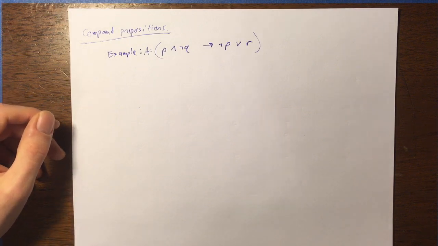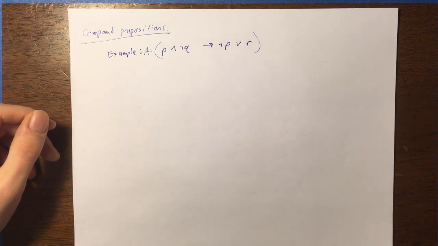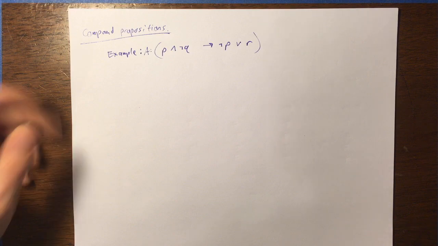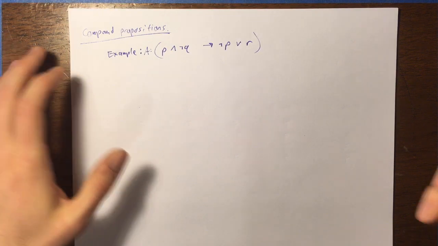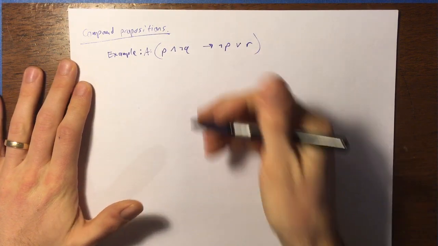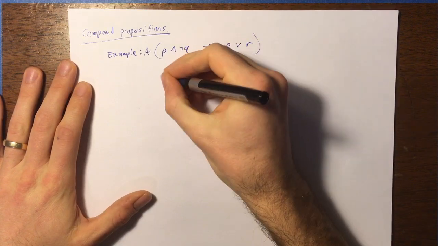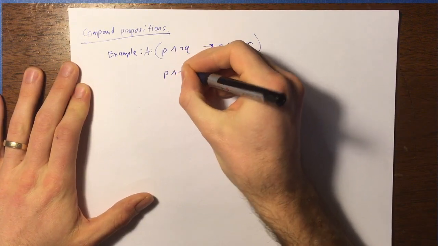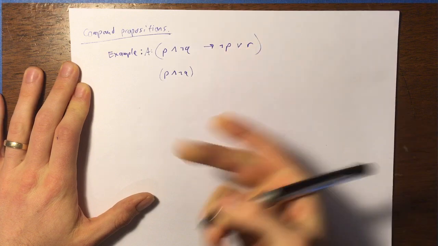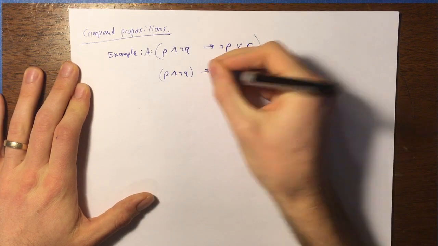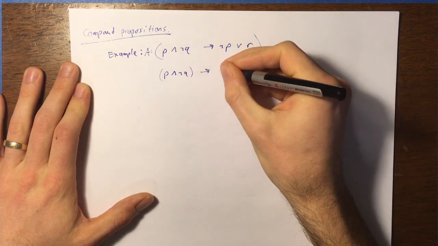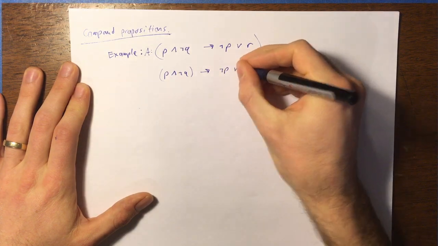Now, in order for us to understand how exactly to interpret these compound propositions, we need some kind of order of operations. So, for example, how should I interpret this statement here? Should I interpret it as P and not Q, that whole proposition, implies this entire proposition of not P or R?